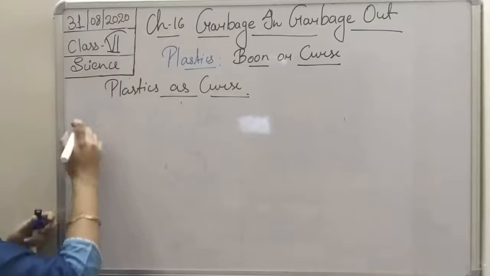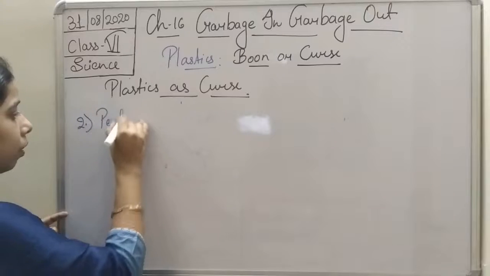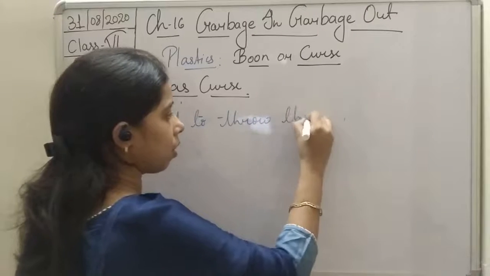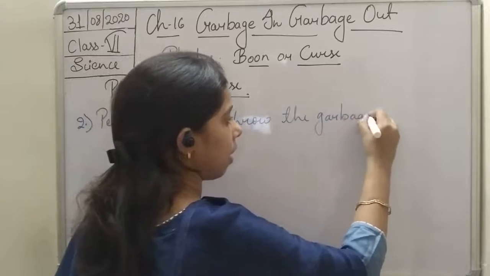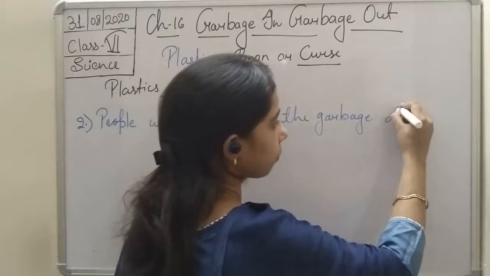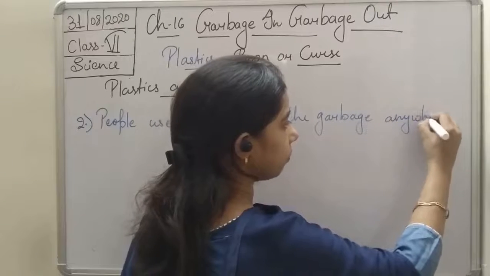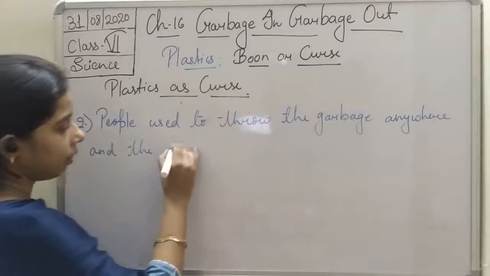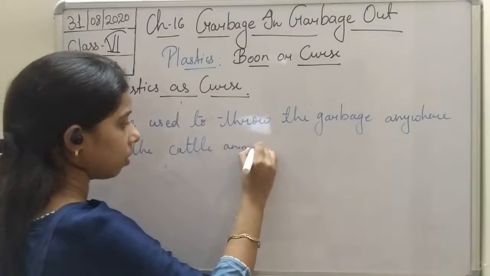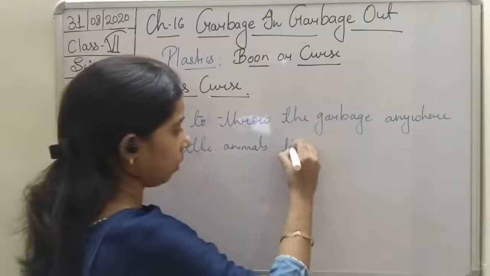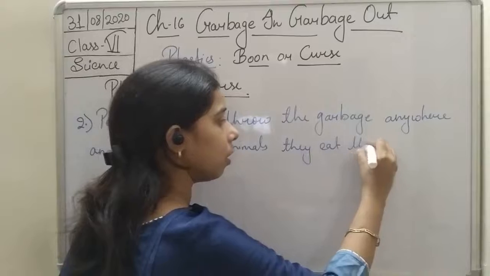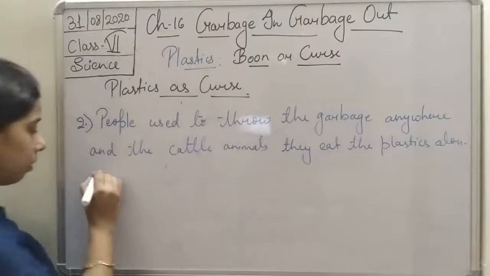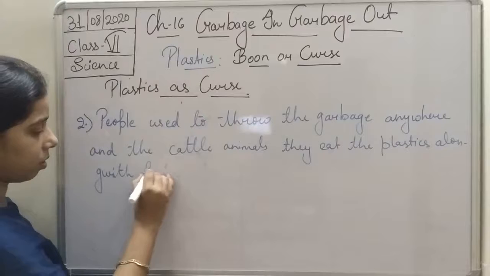The second one is people throw the garbage anywhere, and the cattle animals eat the plastics along with food items.